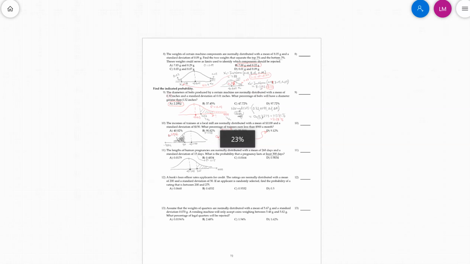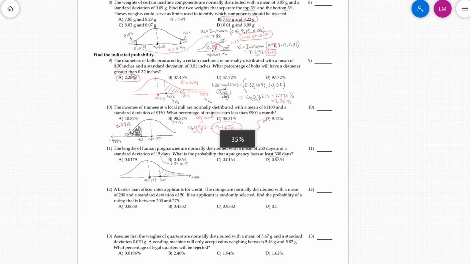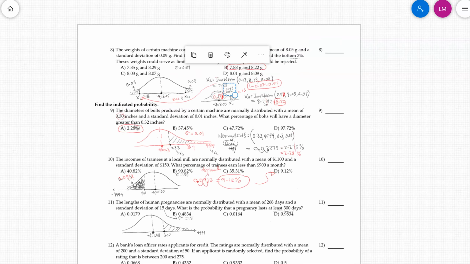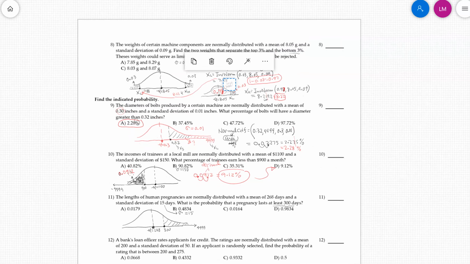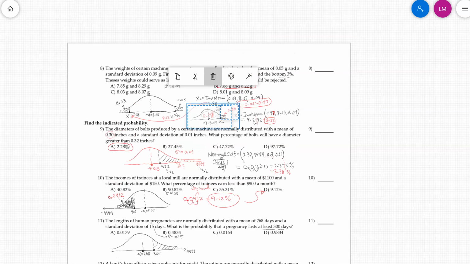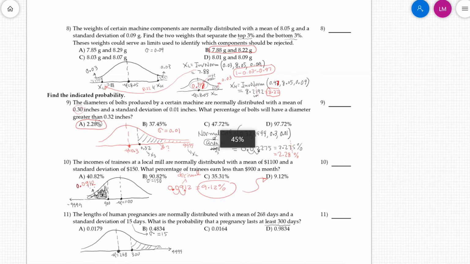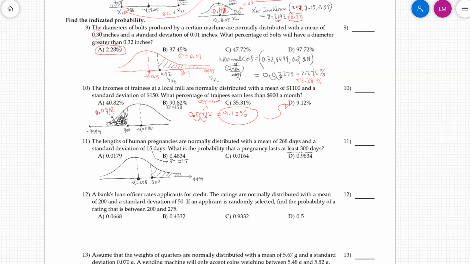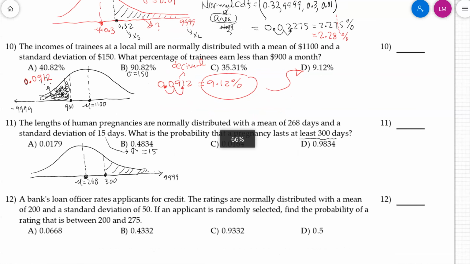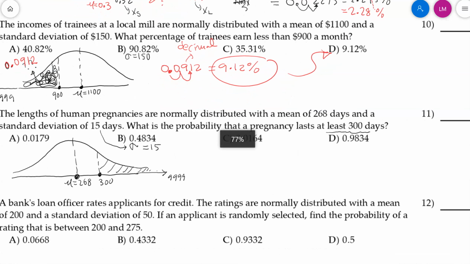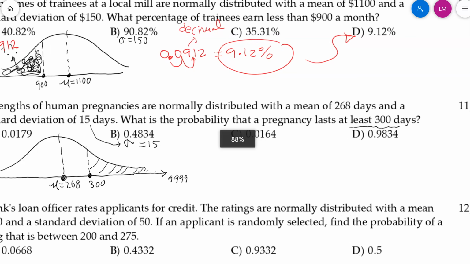Okay. Let me just do this quick here. Okay, I gotta bring it up. Okay, a little bit more bigger. I gotta go to 100%, is that right?